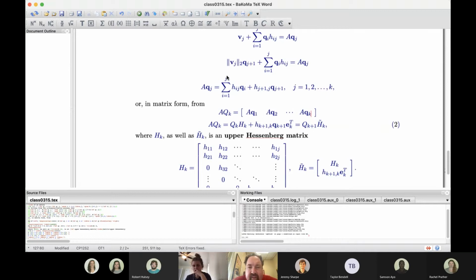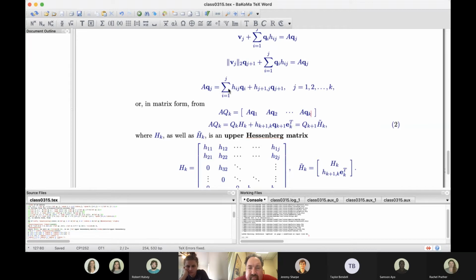All right. So if I take these vectors and put them all together into a matrix, I'll have A Q_k on the left side. What about the right-hand side? Well, here I have a linear combination of all the columns of Q_k.